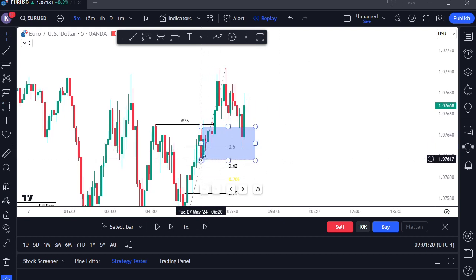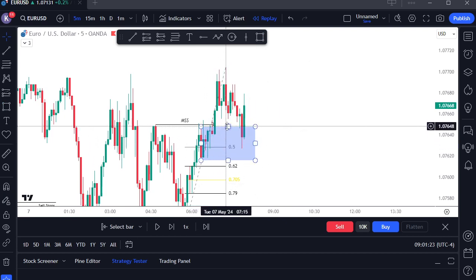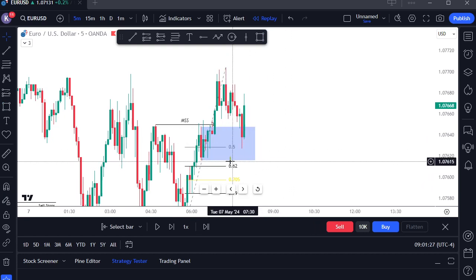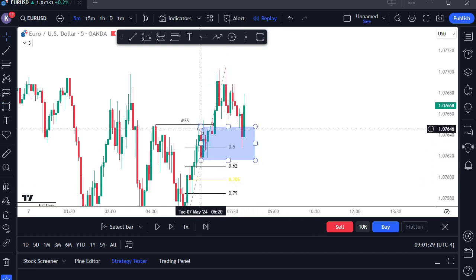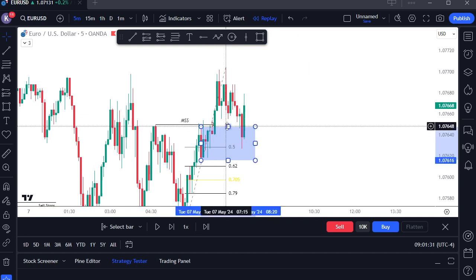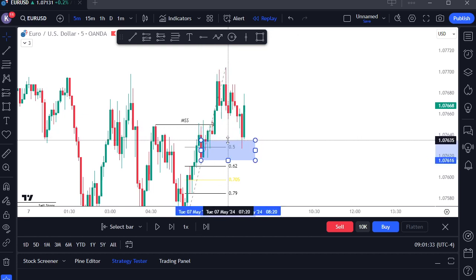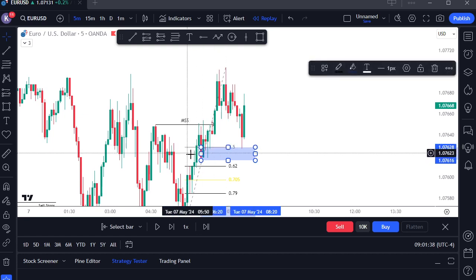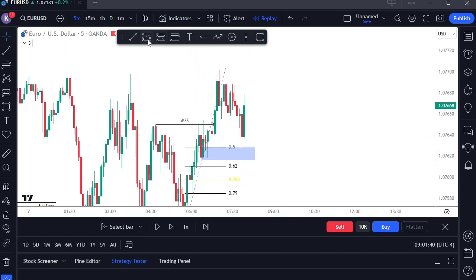Now, if you remember what I explained in a few videos ago, I forgot which exact video it was, if you have something that you're entering on that's above the 50% line, in a buy model specifically, you just drag it down to meet that line. And this is where my entry was.